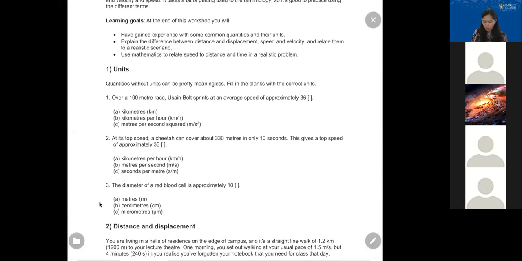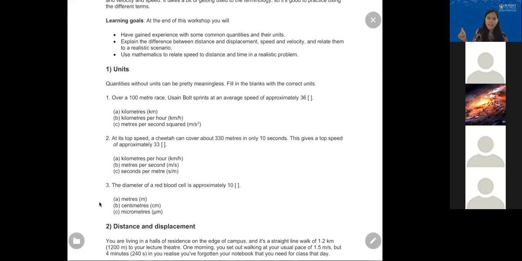The question about units is getting you to think about what the appropriate unit should be, and about the magnitude of things. When you're looking at physics problems, sometimes it's useful to think about whether the answer you got is logical.